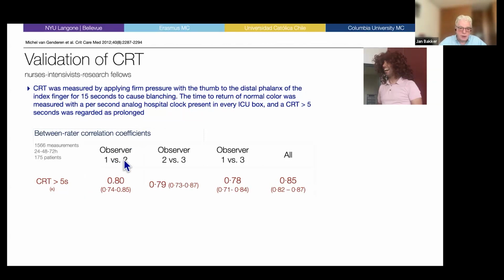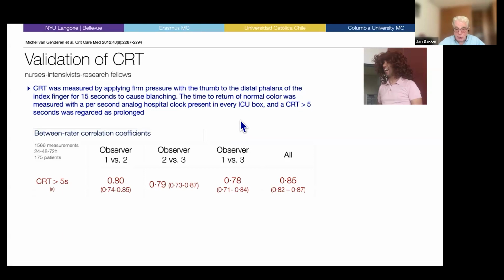And then we used different observers, and we calculated the kappa between the two. And if you use 5 seconds, it's reasonably consistent between different observers. So there is, of course, no clear objectivity.